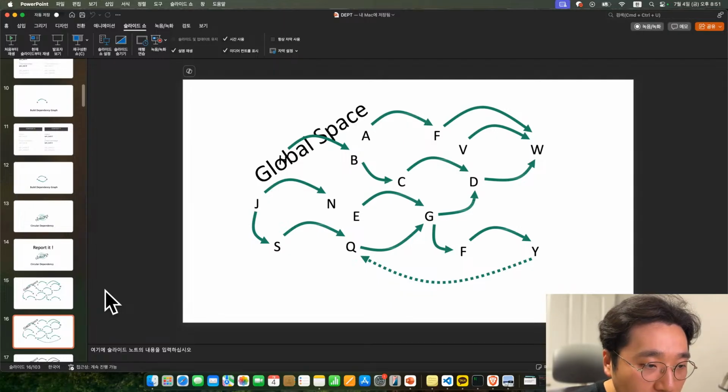Is there any specific data structure that describes this kind of dependency graph?